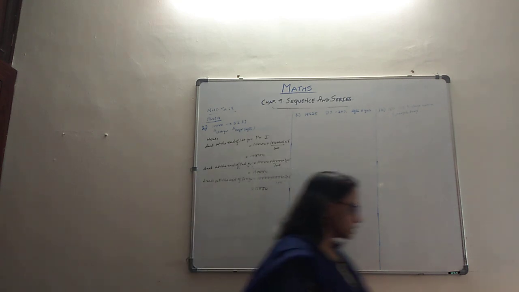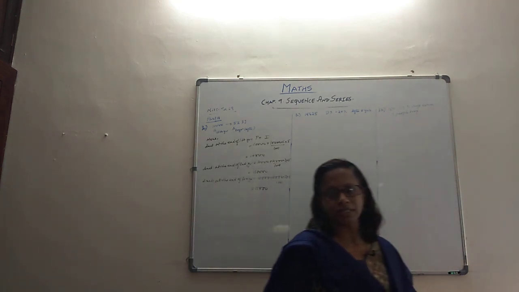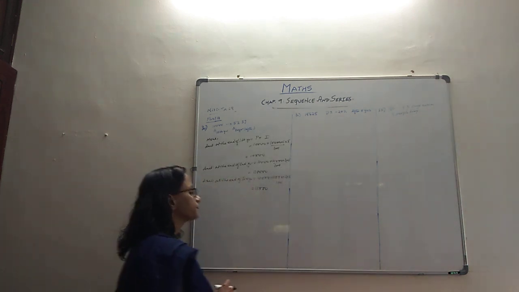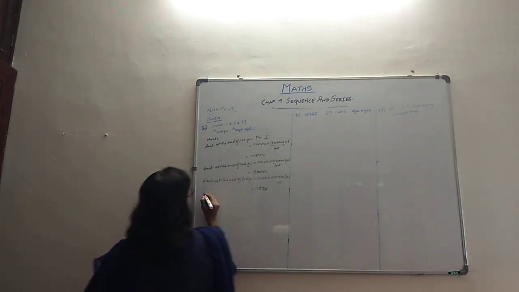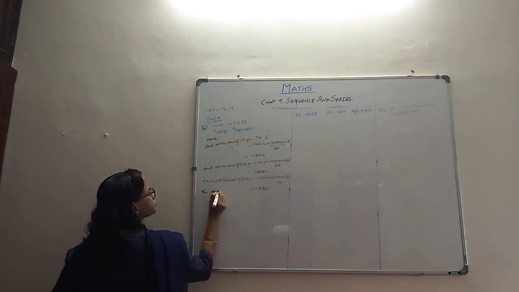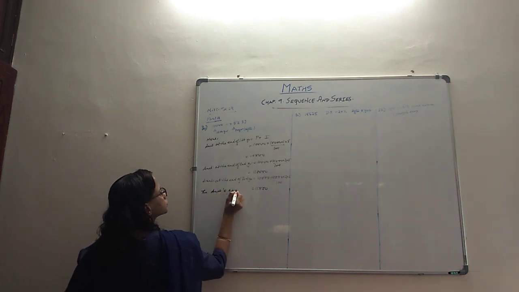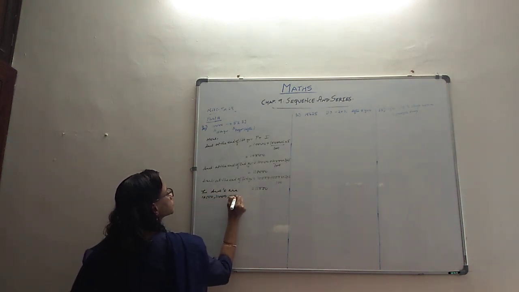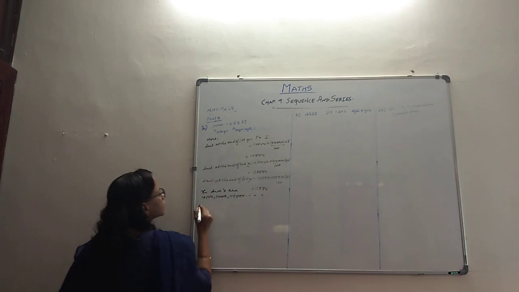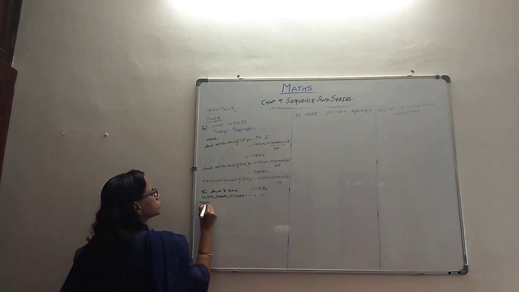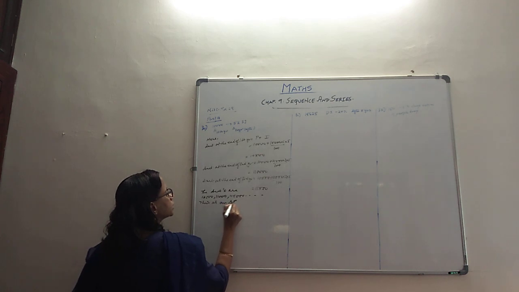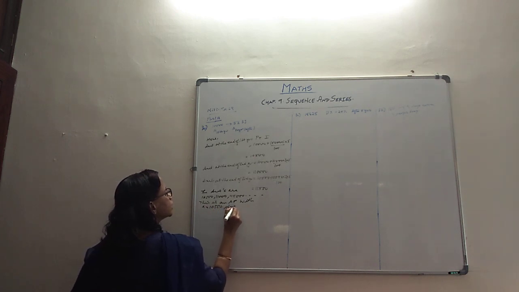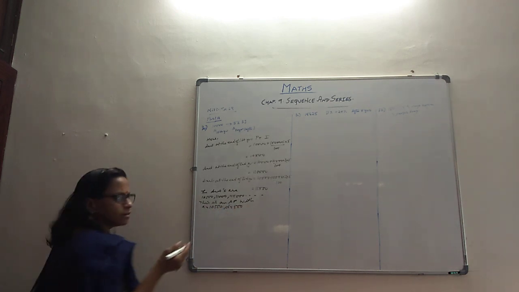So what happens for these amounts, can we observe? Yeah, it is an AP, with A 10,500, D 500 and N as and when they ask us.